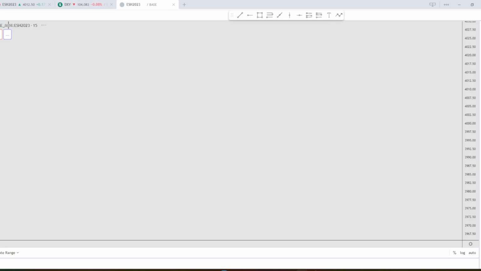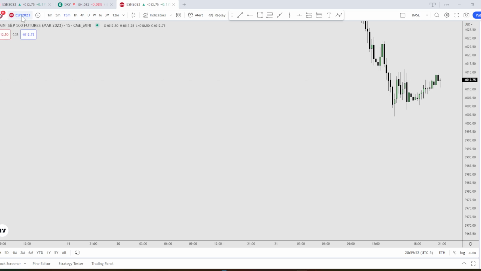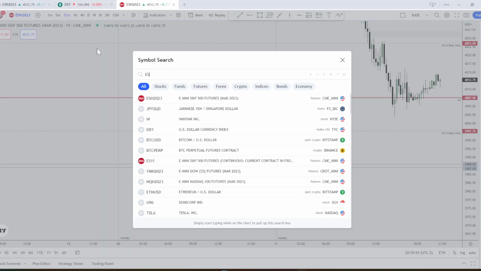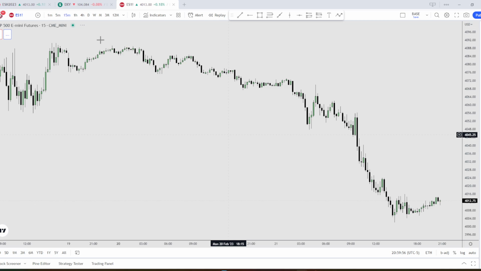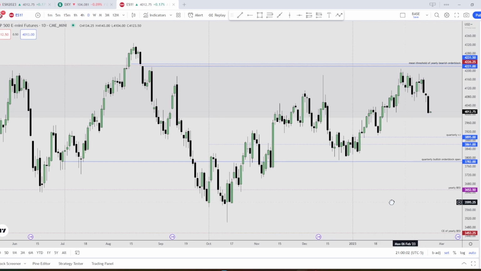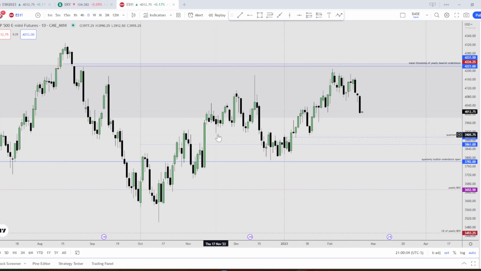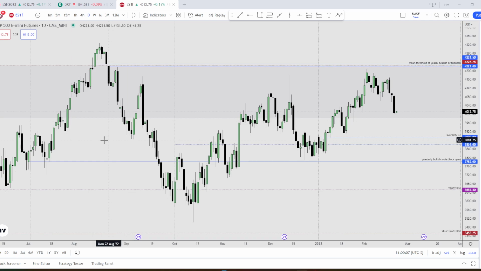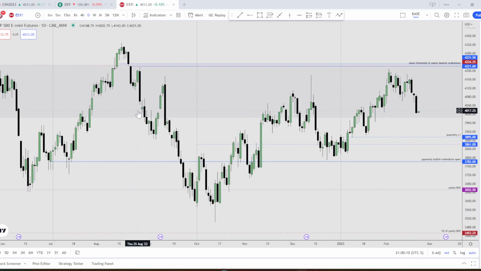Let's go to the ES chart with more data. Alright, as you can see right here, I'm looking for something like maybe this, because over here they don't give any strong retracements up after breaking down this market structure, shifting bearish, right.